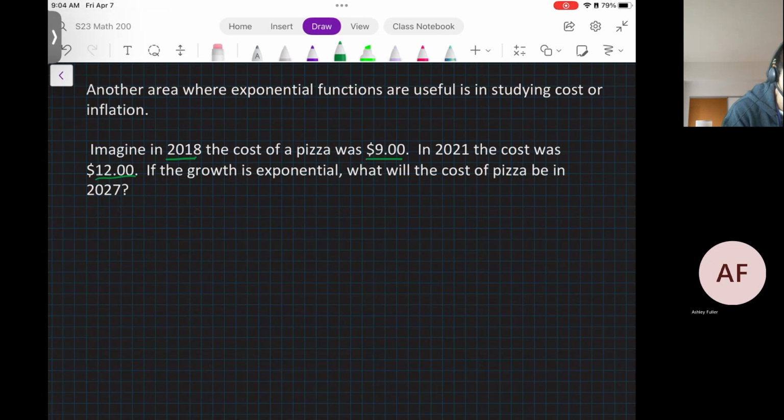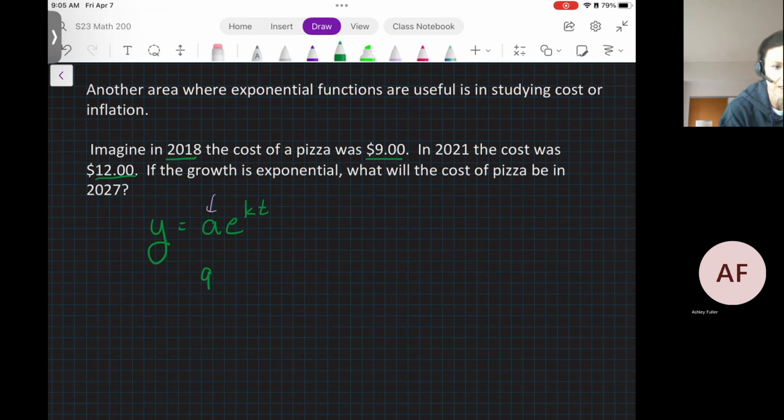We don't have a principal value here, but we do have a starting value. We can think of a generalized form of the equation as some value y is equal to the original amount, that's our a value, times e to the k, which is going to be our constant, to the t power. So in this case, our starting value is going to be $9.